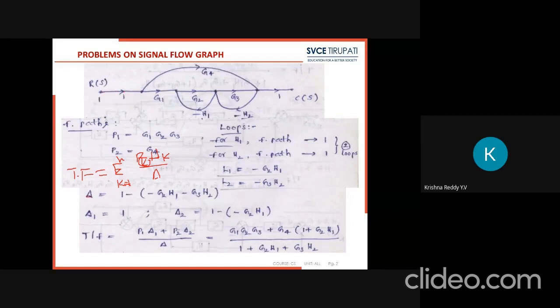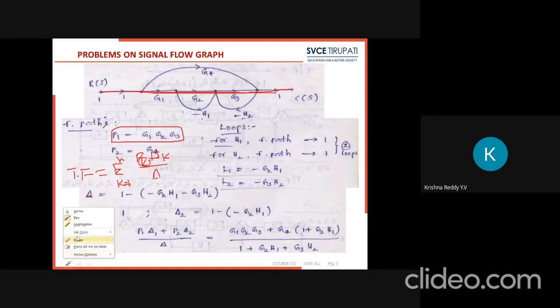Moving from input to the output, this is one forward path. The forward path gain is the product of G1, G2, G3. It is P1. Next, the second forward path is G4. P2 is equal to G4.